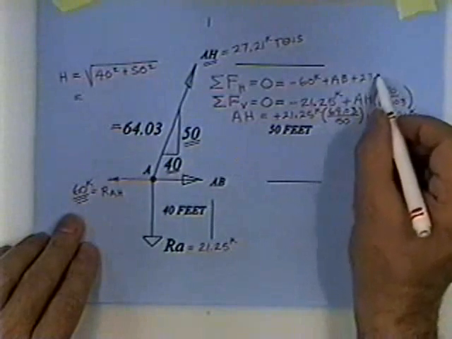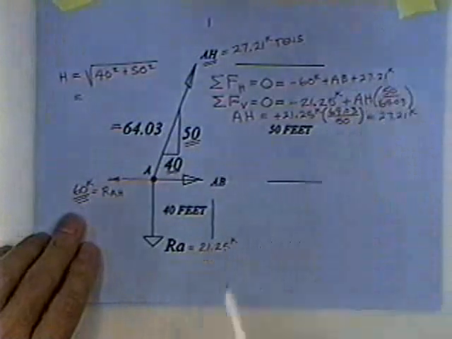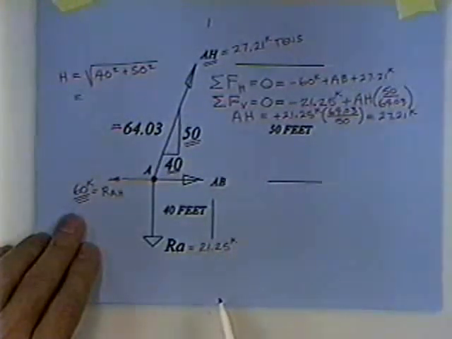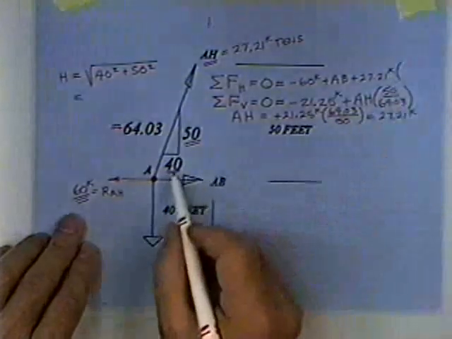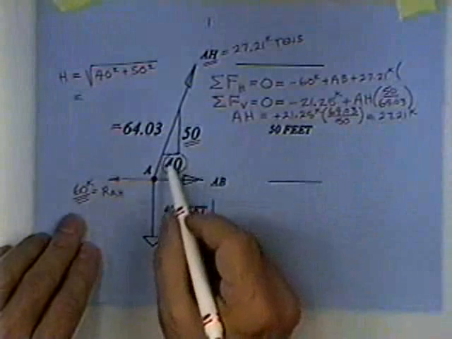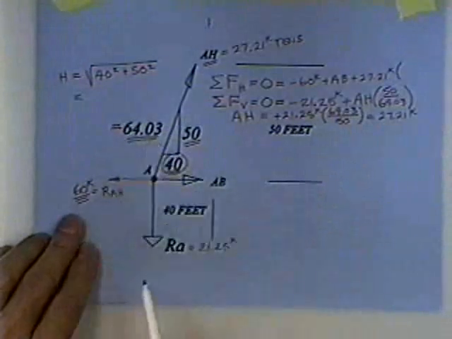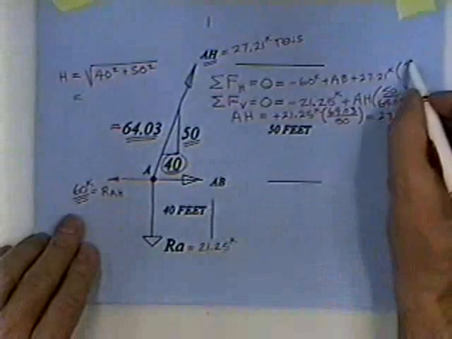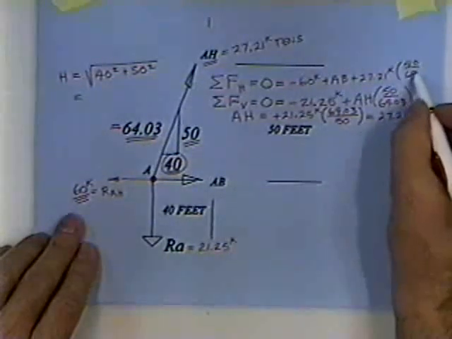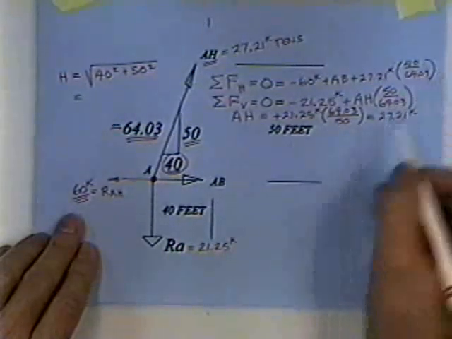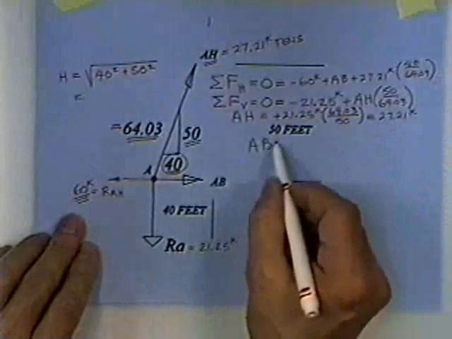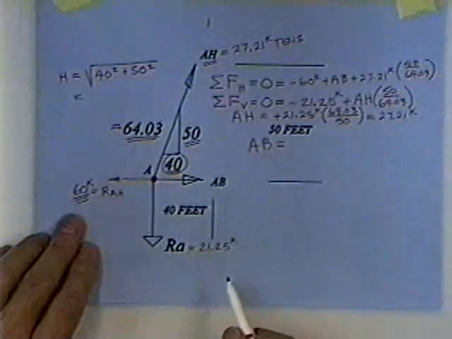Except not all of that number points horizontal. Only this much of it: 40 out of 64.03. And then you solve for the force in member AB.